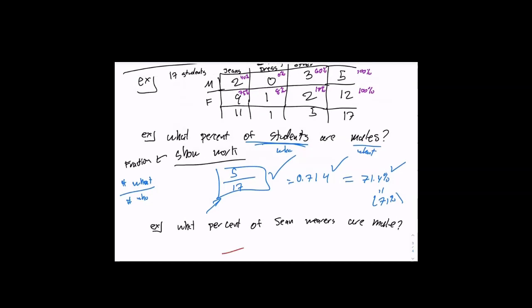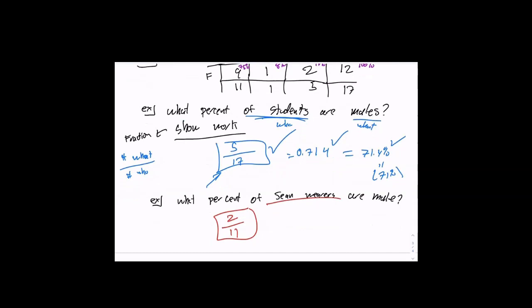Who am I referring to in this statement? Not the students, I am not talking about the students. Jean wearers. How many jean wearers are there? 11. My numerator better be less than it. So how many males are jean wearers? 2. And that's my answer.